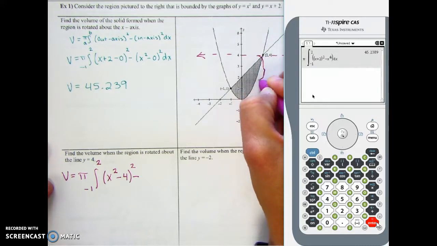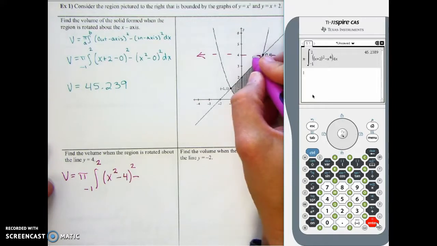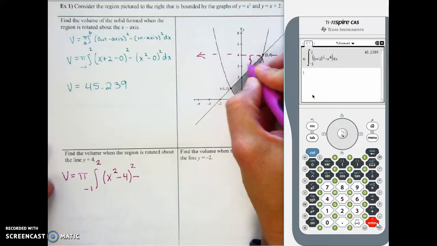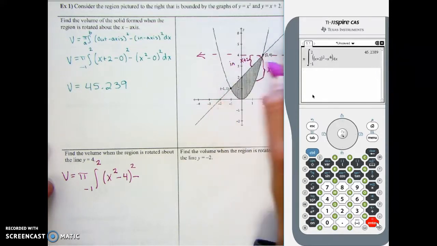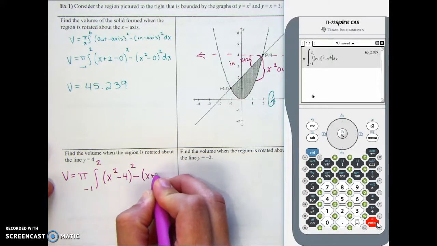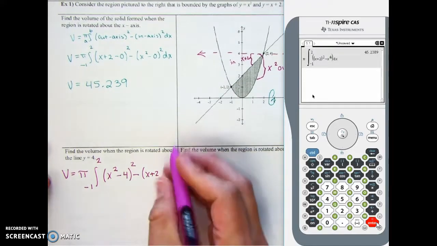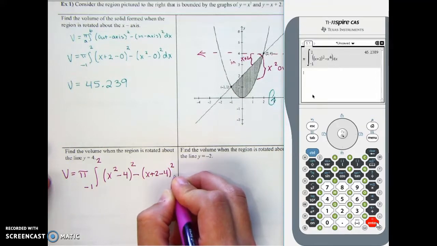You see here the curve is the outer, and the inner one is the line. X plus 2 is the inner function because it's closest to the axis of rotation. So x plus 2 is our line minus the axis of rotation, dx.